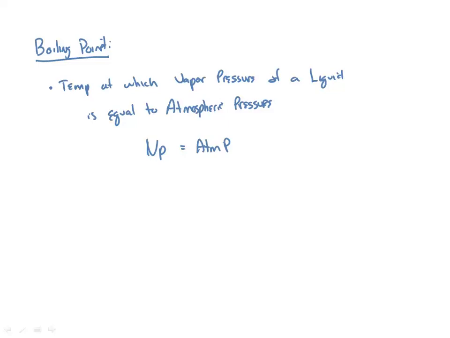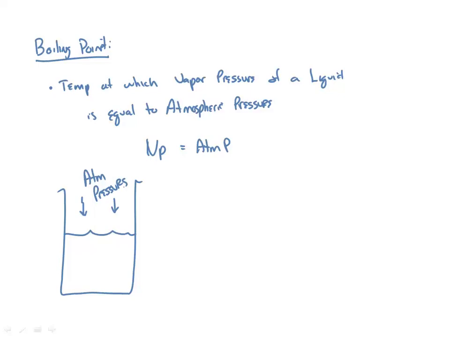And if we think about it, this kind of makes sense. Because if we take a look at a liquid, remember we have atmospheric pressure pushing down on it. Notice that in this example I'm leaving the cork off so that we have atmospheric pressure pushing down on our solution. And so to form a bubble, and that's a really large bubble, right? That bubble has to be capable of pushing back the atmospheric pressure pushing down, or in order to escape, its vapor pressure has to be equal to the atmospheric pressure.